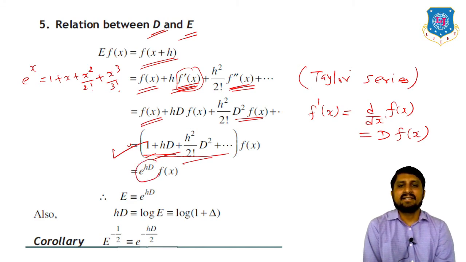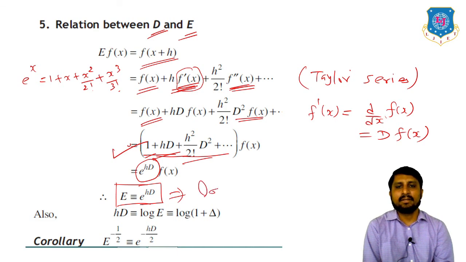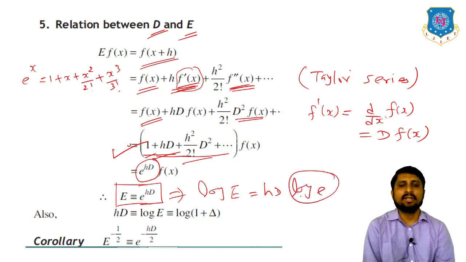So capital E is equal to e raised to hD. Taking log on both sides, log E is equal to hD log small e, and we know that log e is 1. So log E is equal to hD.